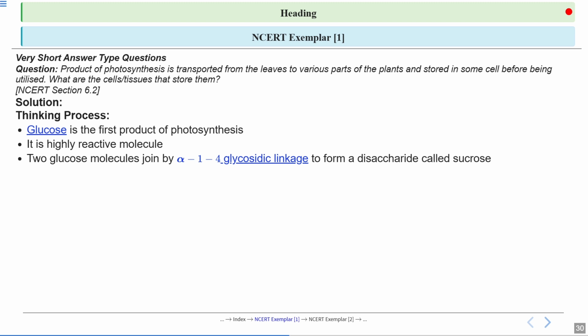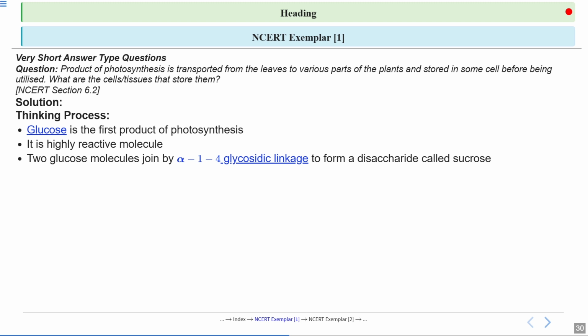The first is a six carbon ring, that is of glucose, and the second also has a six carbon ring structure. So the first carbon of the first glucose molecule will form a glycosidic bond with the fourth carbon of the second glucose. That is why it is called alpha 1,4 glycosidic link, right? This is a type of bond that forms the sucrose molecule.